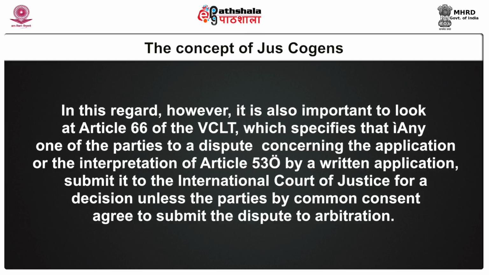In this regard, it is also important to look at Article 66 of the Vienna Convention, which specifies that any one of the parties to a dispute concerning the application or the interpretation of Article 53 may, by a written application, submit it to the International Court of Justice for a decision, unless the parties by common consent agree to submit the dispute to arbitration.